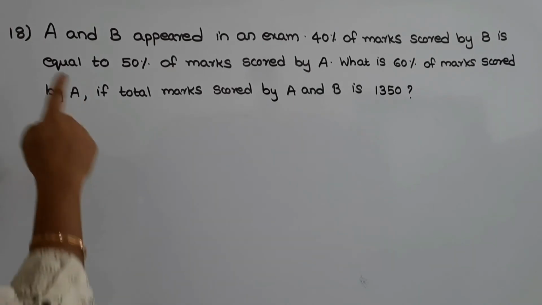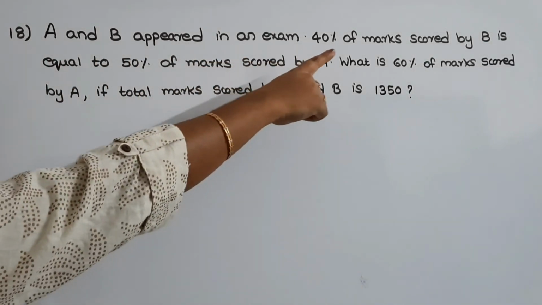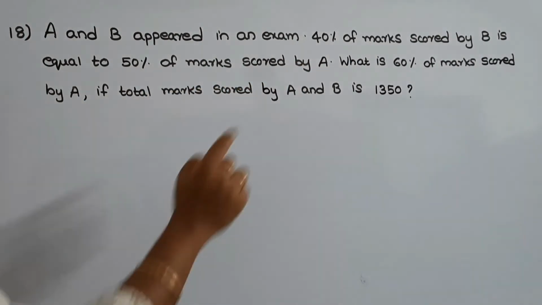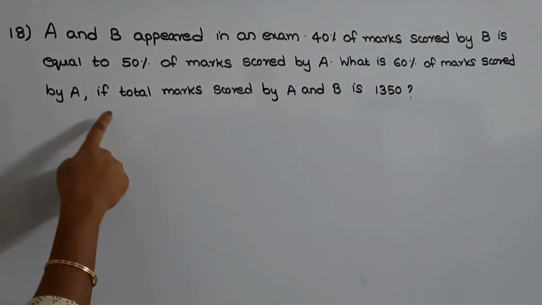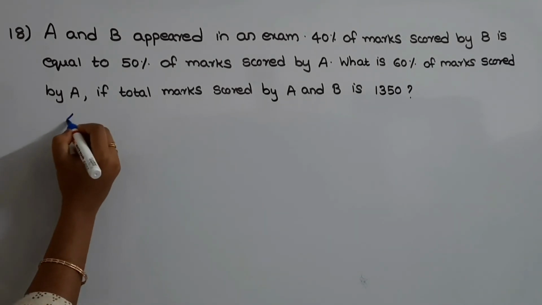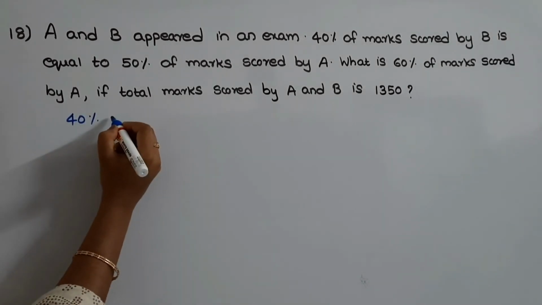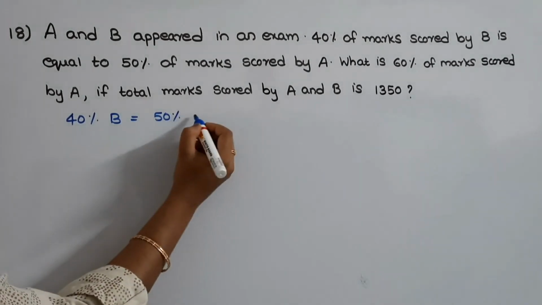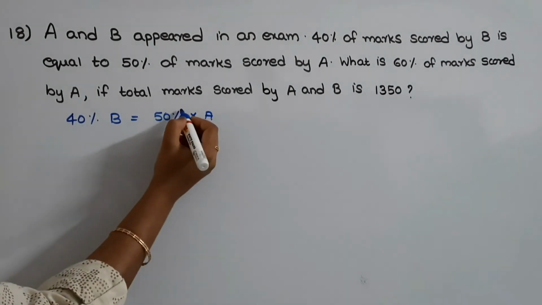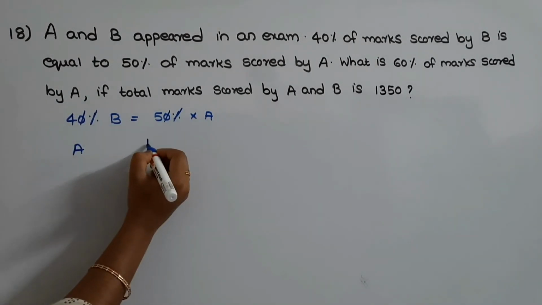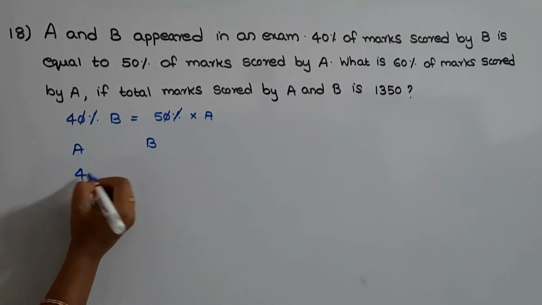The next question is, A and B appeared in an exam. 40% of marks scored by B is equal to 50% of marks scored by A. What is 60% of marks scored by A if total marks scored by A and B is 1350? So in this question they are telling that 40% of the marks scored by B is equal to 50% of the marks scored by A. So from this we can find out the ratio of the marks scored by A and B as 4:5.